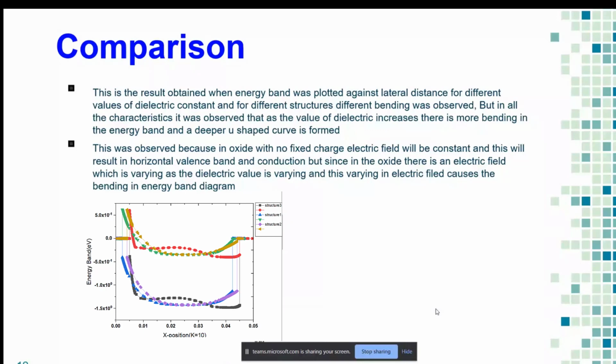It is because when K increases, the source channel bending at the interface increases, which results in a reduction of barrier width, due to which tunneling occurs and more electrons are formed. In comparison, Aditya's structure is good because the channel bending is more, the barrier width reduces, and more tunneling occurs.